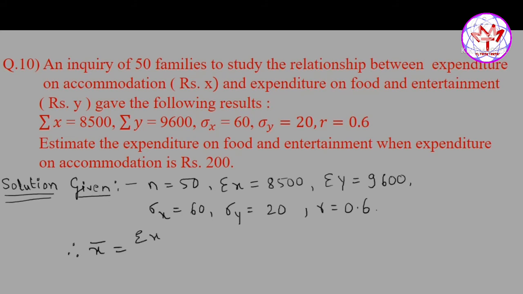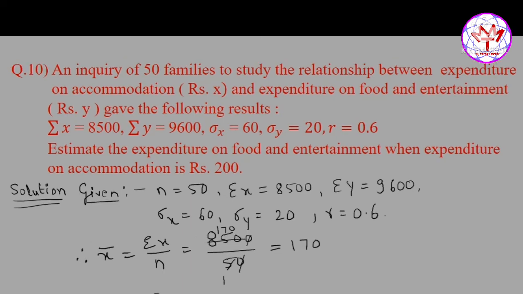Therefore, X bar is equal to summation X upon N. So that is 8,500 upon 50. So here you get 170. So X bar is equal to 170. Then let us calculate Y bar.